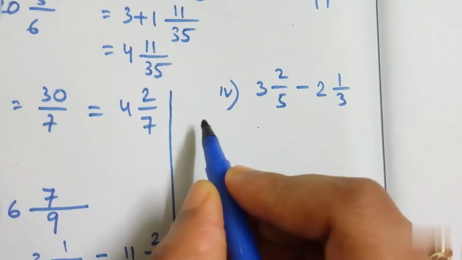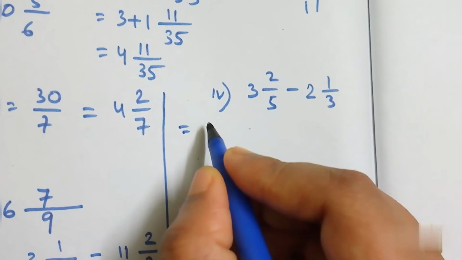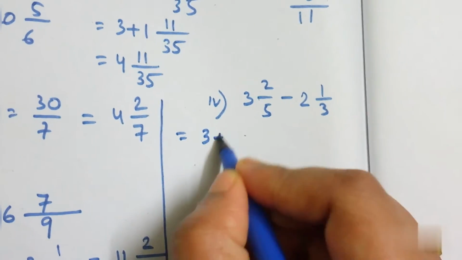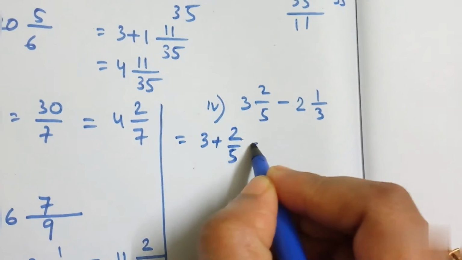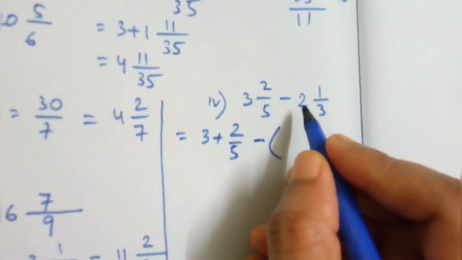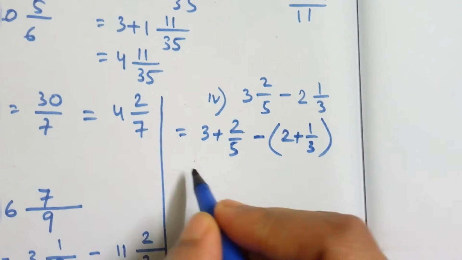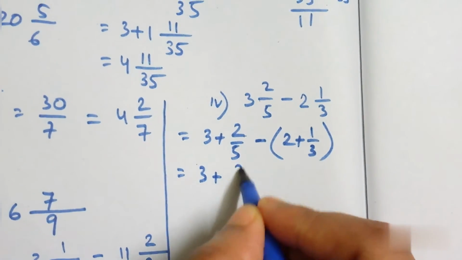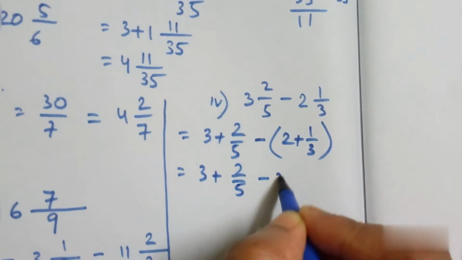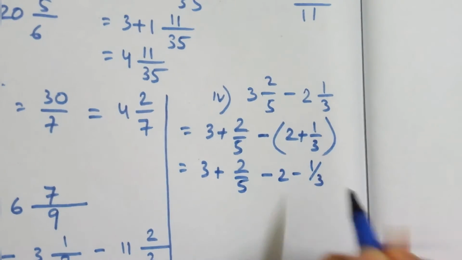See, this is another example. We can write this like 3 plus 2 by 5 minus, and you can write this 2 plus 1 by 3, right? So 3 plus 2 by 5 minus 2 minus 1 by 3.